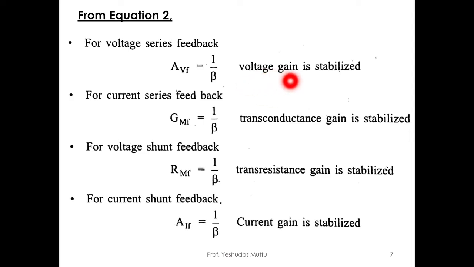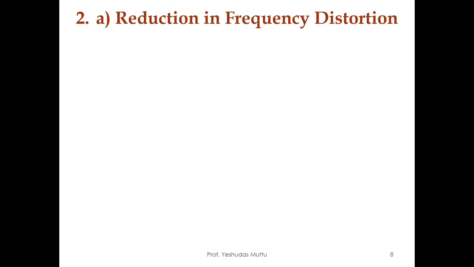Voltage gain means it is a voltage amplifier, then transconductance amplifier, transresistance amplifier and current amplifier. So here it is AV, for transconductance GM, for transresistance RM, and for current gain AI. I hope this is clear to you all. So I hope gain stability is clear to you all. How do we achieve gain stability?